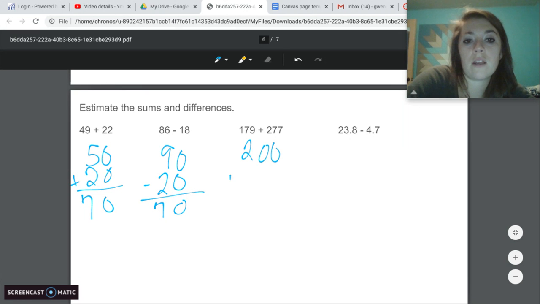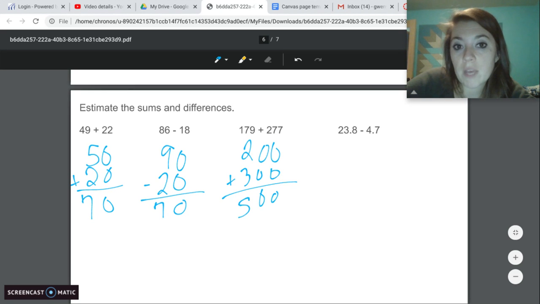So 200 plus 300 gives us a nice 500, which is definitely an overestimate in this case since we rounded both of them up significantly. And then the last one here, we have 23.8 minus 4.7. So in this case, we can round the 23.8 up to 24 and then keep the 4.7, just leave it as 4. 24 minus 4 would give us 20.